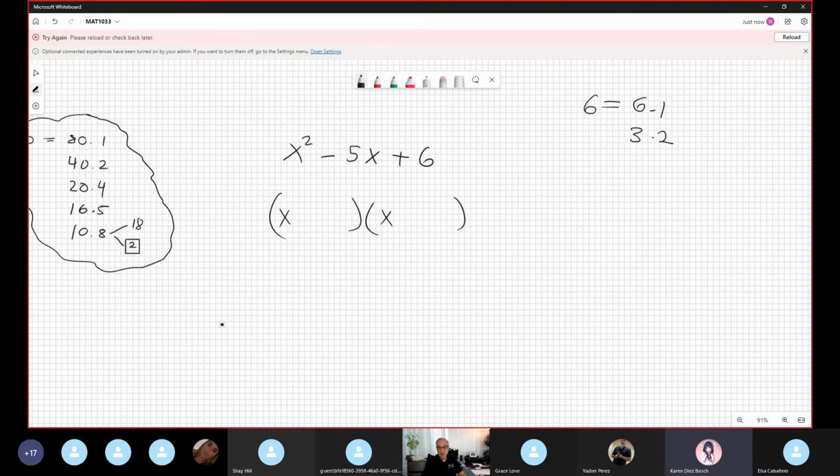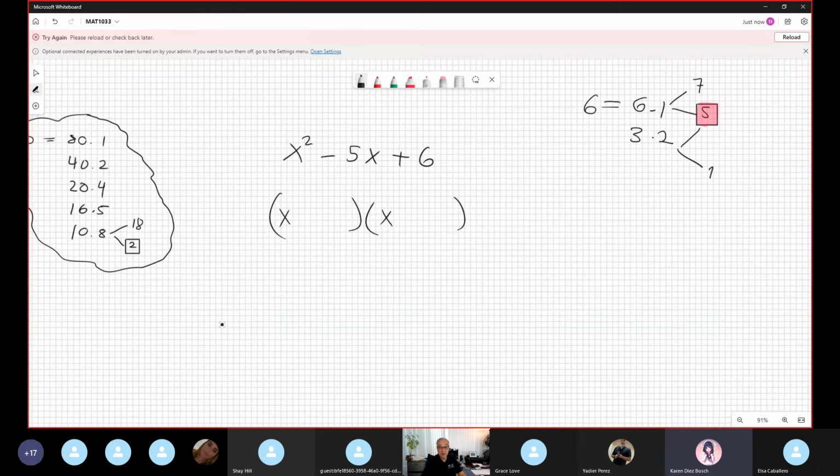So what is the combination, 6 and 1 or 3 and 2? When adding, 6 plus 1 is 7, when subtracting, 6 minus 1 is 5. Oh, I got it. However, 3 plus 2 is 5 again, and 3 minus 2 is 1. So we have two possibilities in which you get 5.